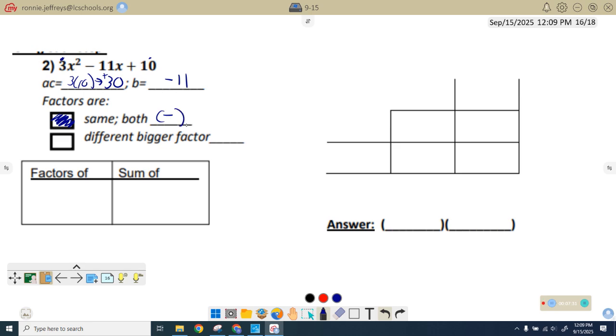They're both negative. So 3x squared plus 10. Now, what are the factors of 30 that combine to give us 11? 5 and 6, 6 and 5, and they're both going to be negative. So minus 5x, minus 6x.